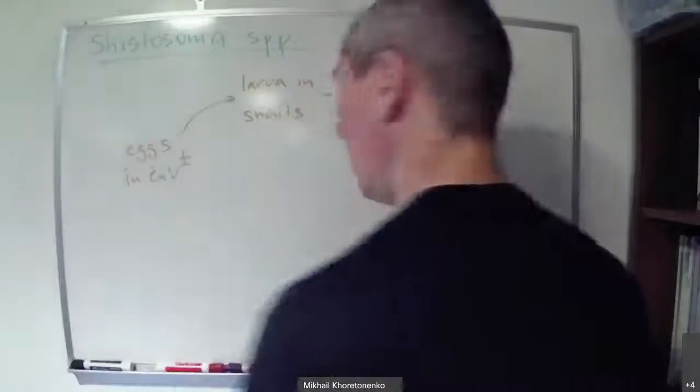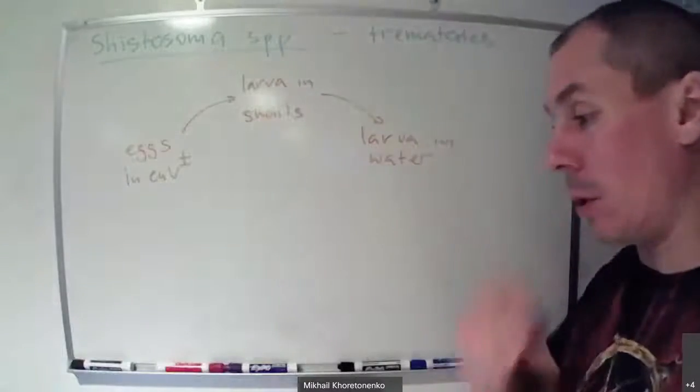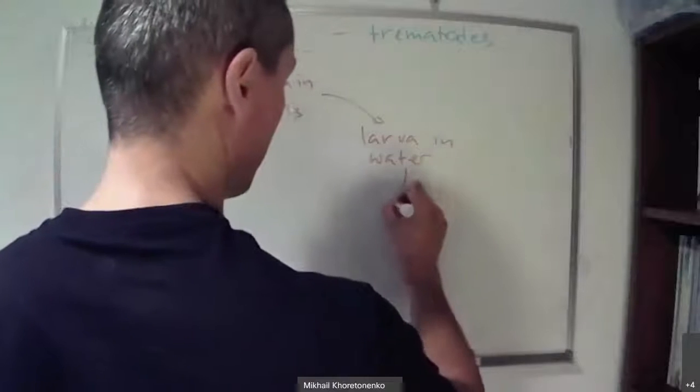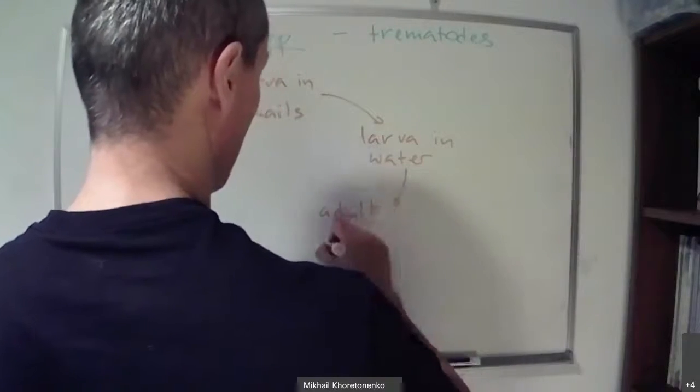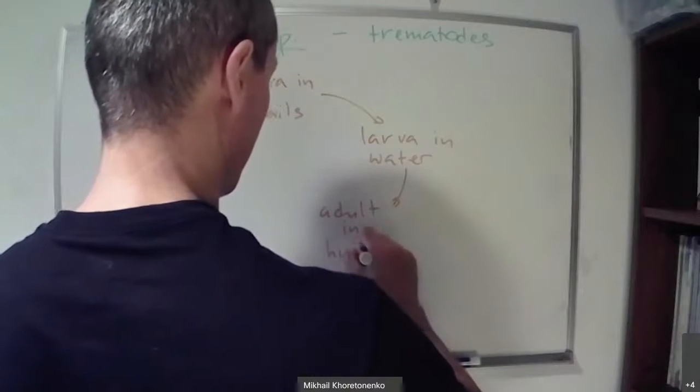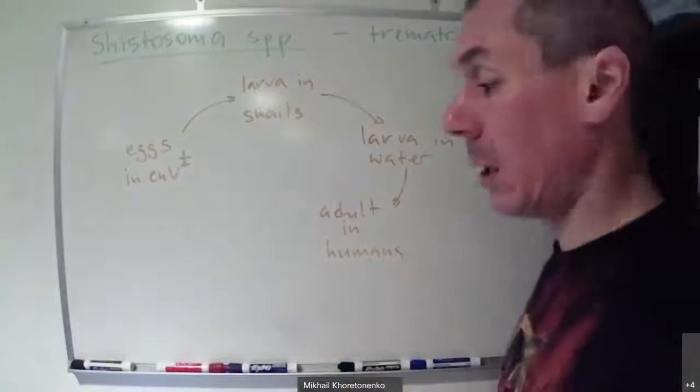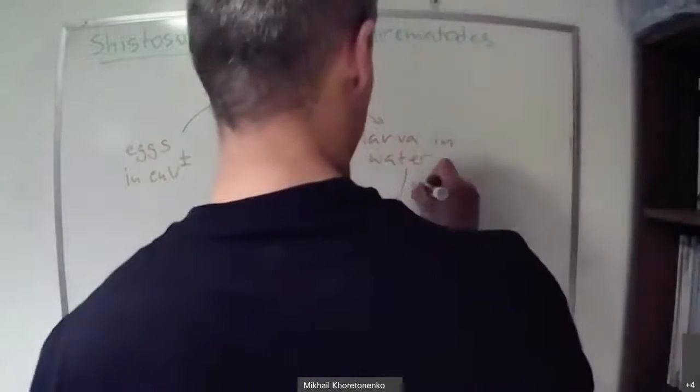So how can you get larva from the water into a human? You would say, well, you probably drink it. No. Turns out that the adult worm in humans gets developed after larva penetrates unbroken skin.